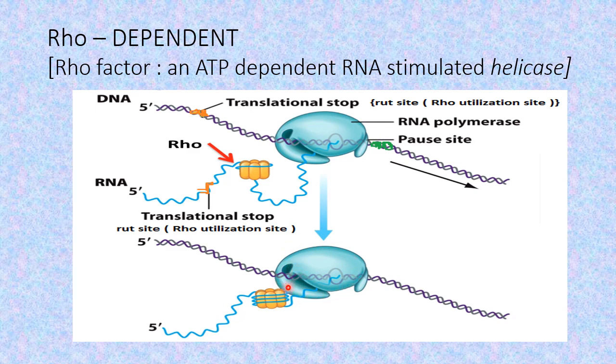So in this manner, this proteinaceous molecule, the Rho factor, helps in the termination of the transcription of the particular gene sequence. And the RNA thus formed, the messenger RNA, is now available in the prokaryotic system for the next process, that is translation.